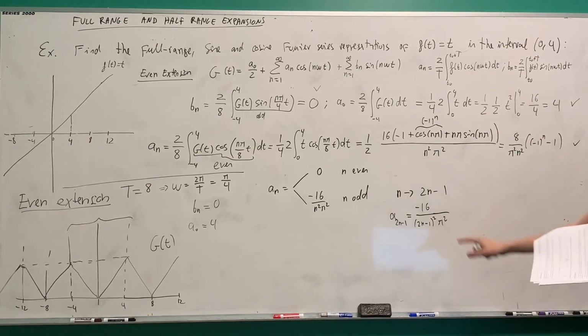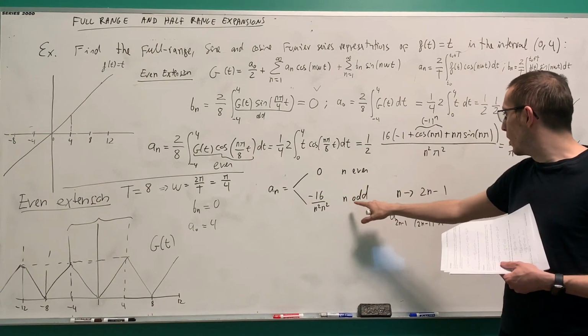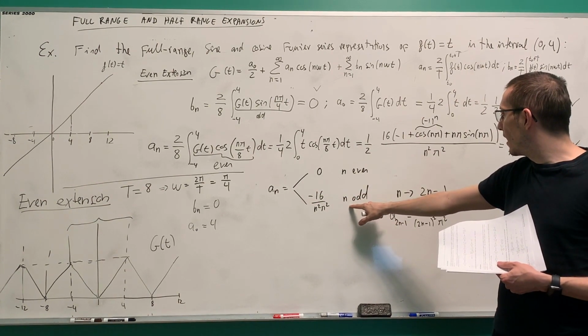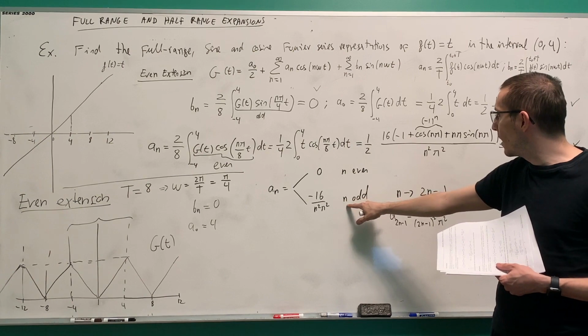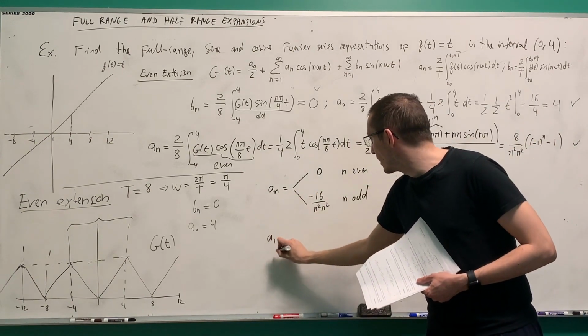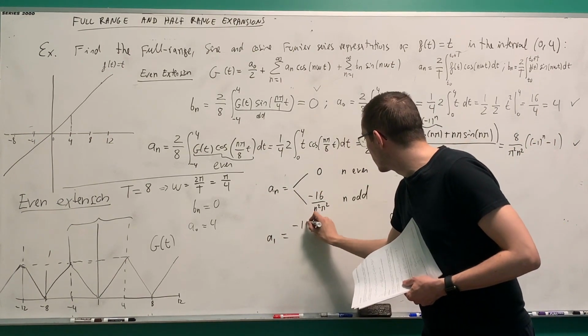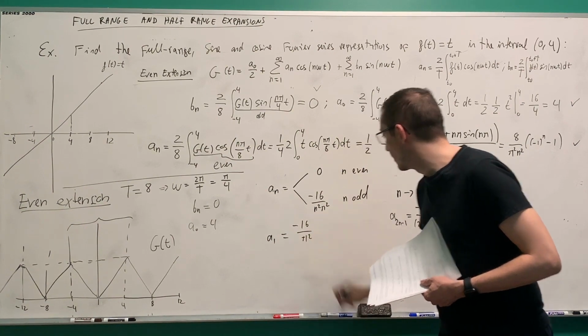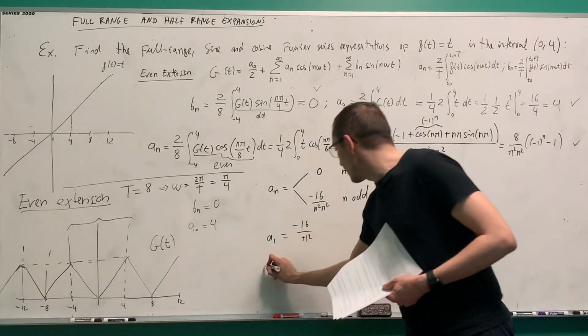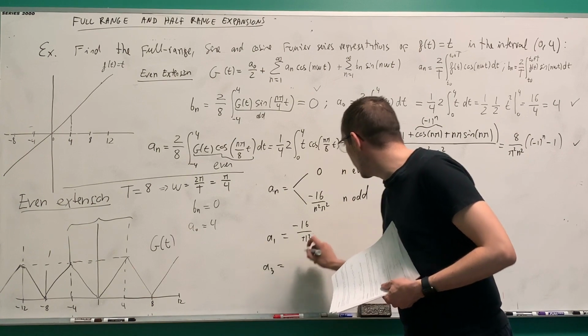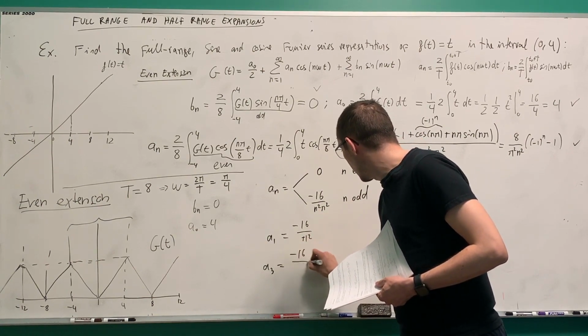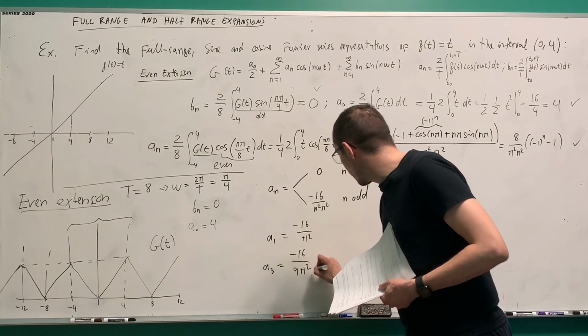You see, what happens here when n is 1? I get a1 on the left equals minus 16 divided by pi squared. When n is 3 here, I get a3 equals minus 16 divided by 9 pi squared.